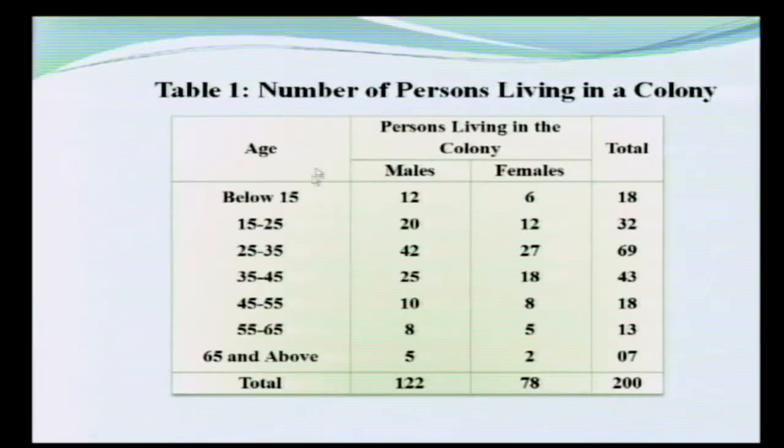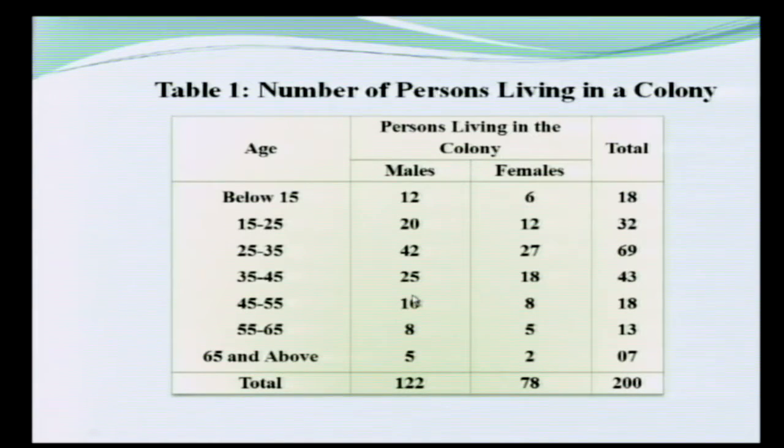That is the example here on your screen. We have given the table number, table number 1. There is a heading, number of persons living in a colony. It provides the information that the persons living in a colony are these numbers: 12, 20, 42, 25.